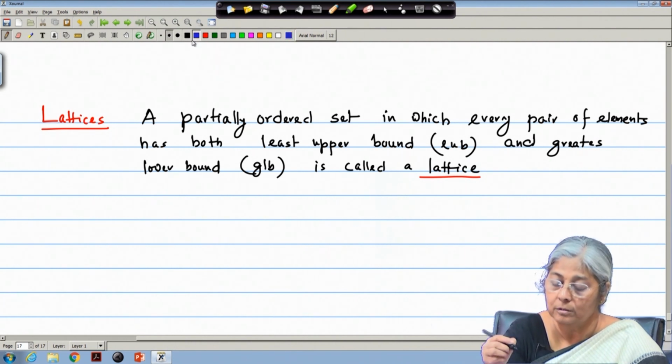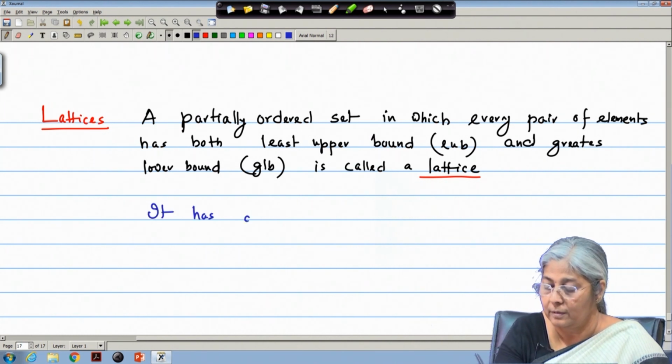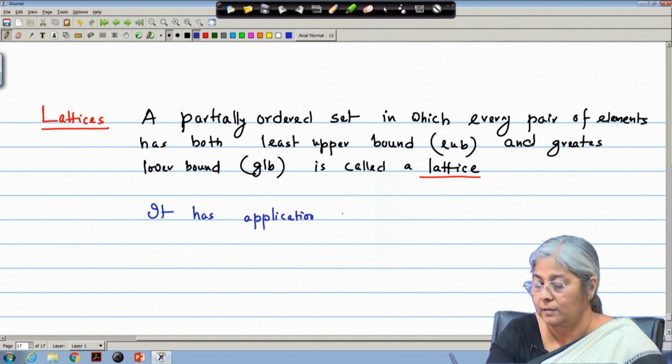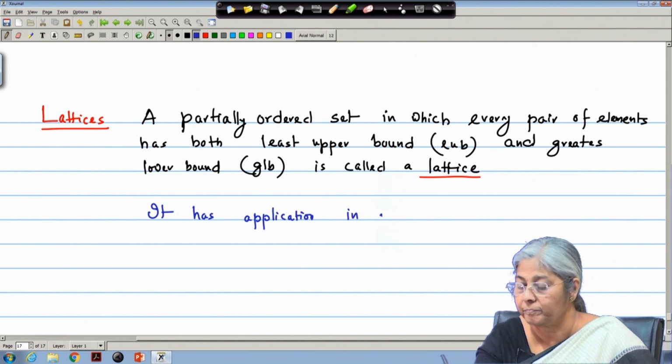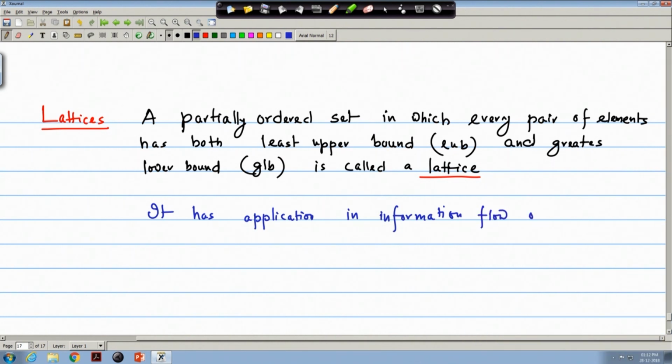in information flow, in communication or in Boolean algebra.